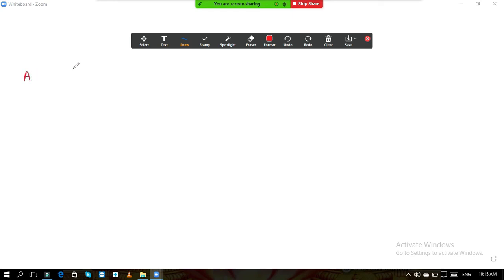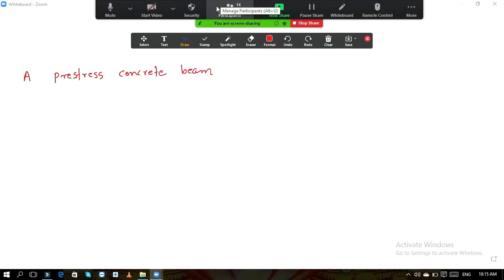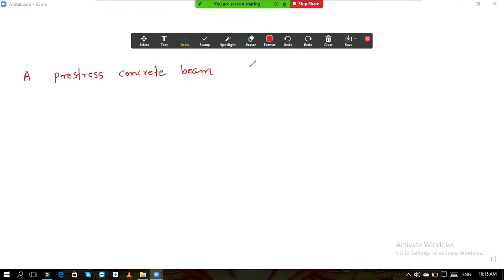A prestressed concrete beam provided with a tendon of parabolic profile.